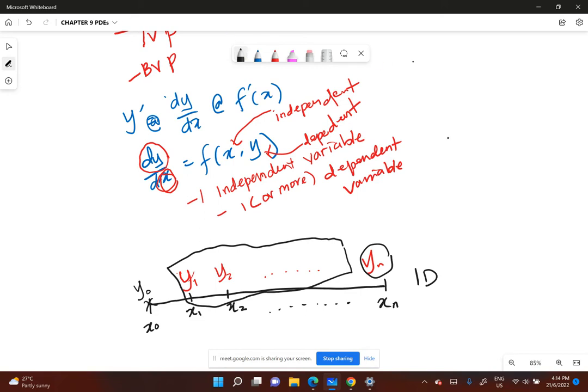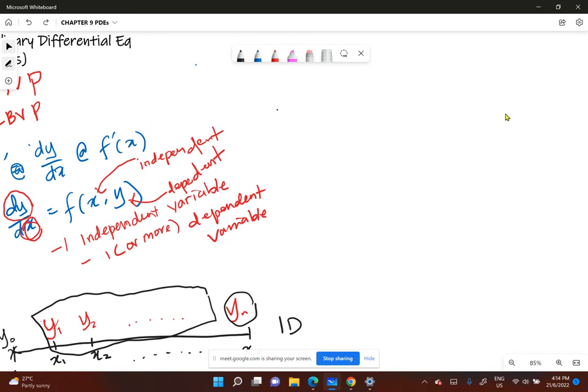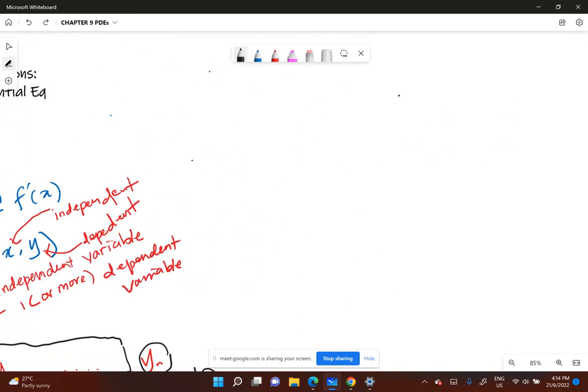So if let's say PDE, the difference between this ODE and PDE. Sorry. Now we go for the PDE. Normally in ODE we use y prime, f prime, or dy/dx. But in PDE we normally use u.